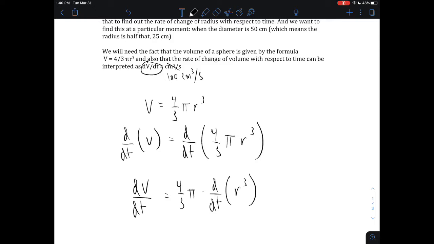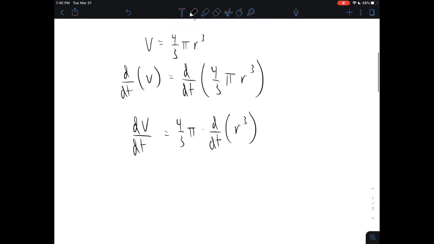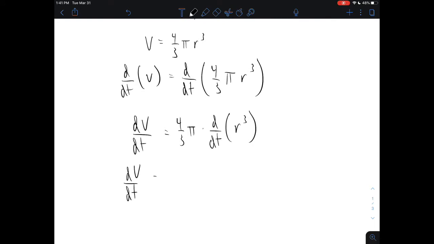This just uses the chain rule where the 3 drops down as a multiplier, the power reduces by 1, and then we have to still take the derivative of the inside function, in this case r, with respect to the independent variable t. So here's the first part of the chain rule, 3r squared, but then I have to multiply by the derivative with respect to t of r.